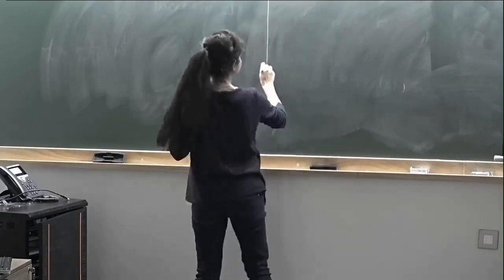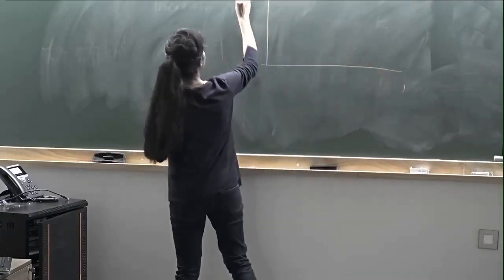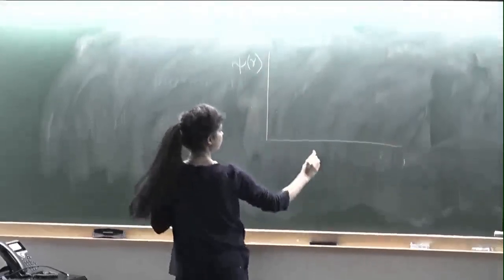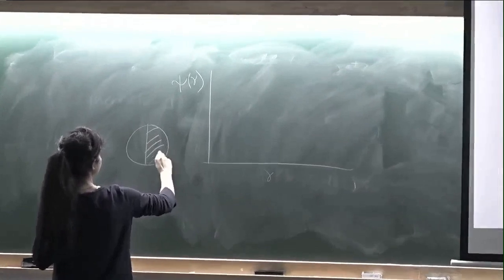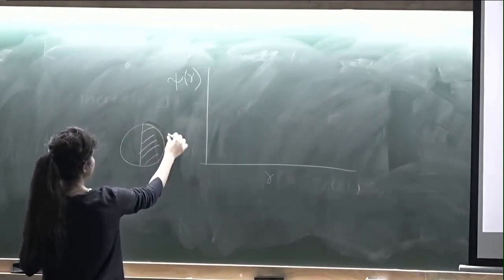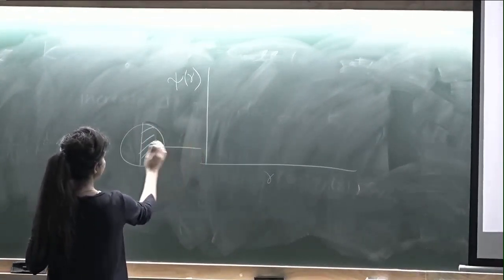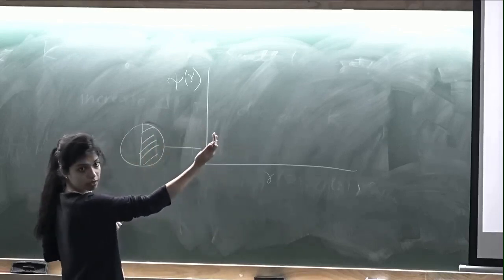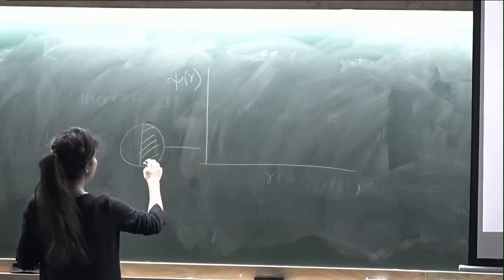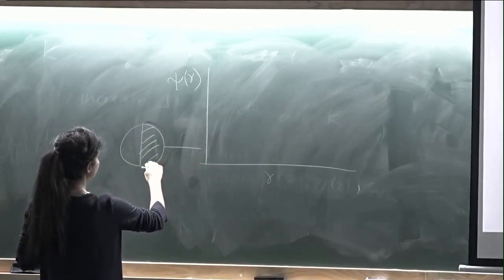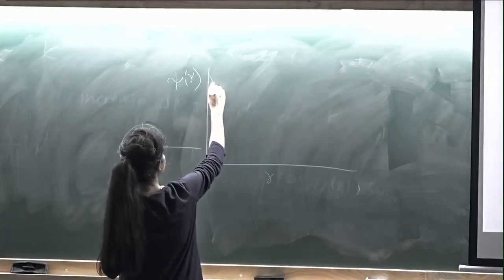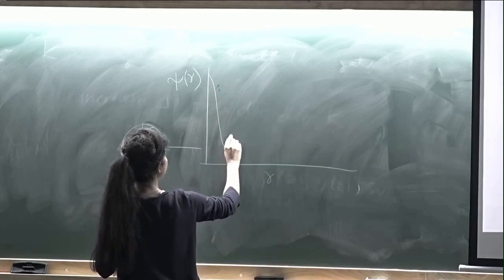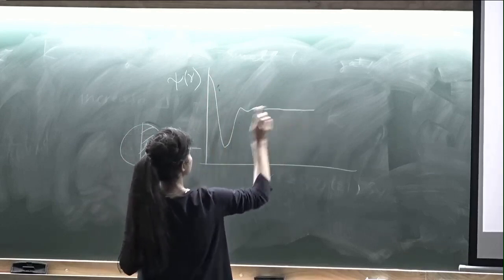So let's say this is the order parameter, and I have a Janus particle here. Let's say we are looking at only the part of the fluid which is to the right of the particle. Then what you see is a surface adsorption layer, depletion, and then it will be close to the bulk.